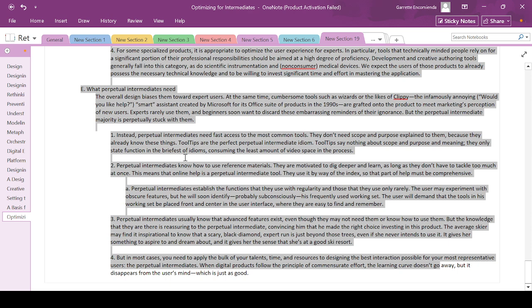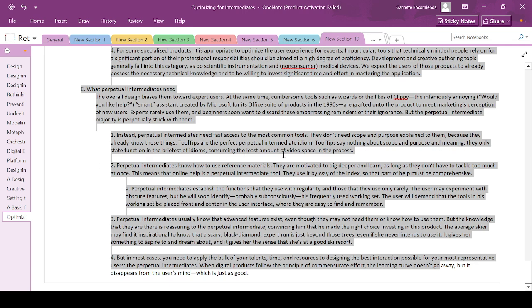Instead, perpetual intermediates need fast access to the most common tools based on the context, scenario, functions, and data requirements. They don't need scope and purpose explained to them because they already know these things.